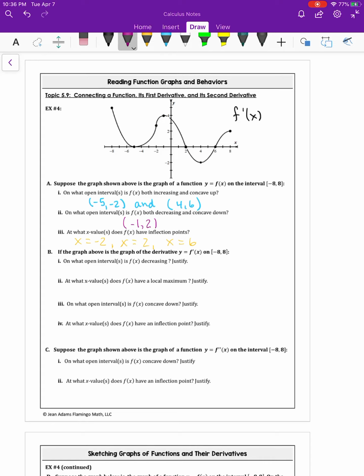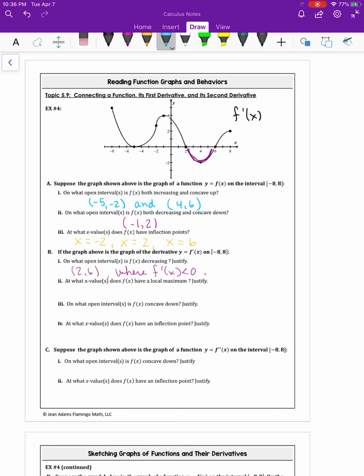Well, f of x would be decreasing where its derivative is negative. Do you see here where the derivative is negative? So it's going to be decreasing on 2, 6, and I'm going to say where f prime of x is less than 0. That would be my justification.